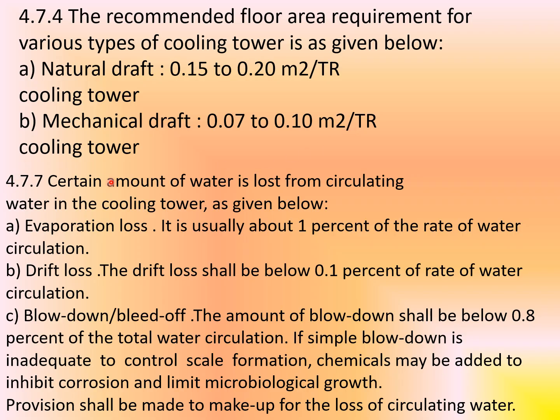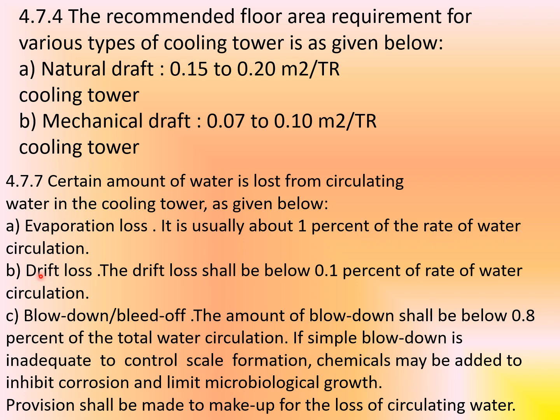A certain amount of water is lost from the circulating water in the cooling tower as given below. It is divided in three portions. Evaporation loss is usually about 1% of the rate of water circulation.